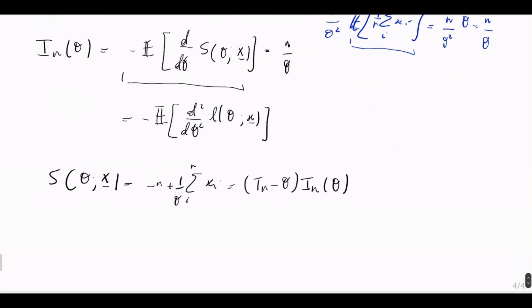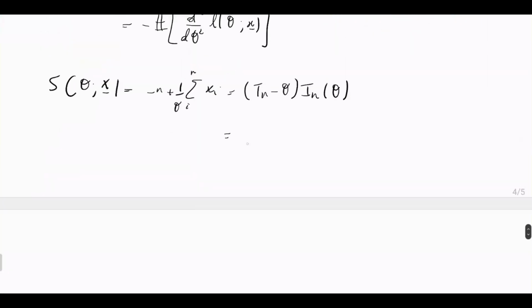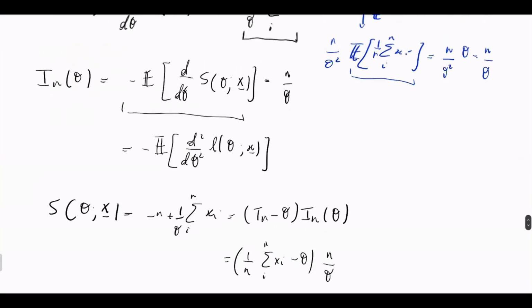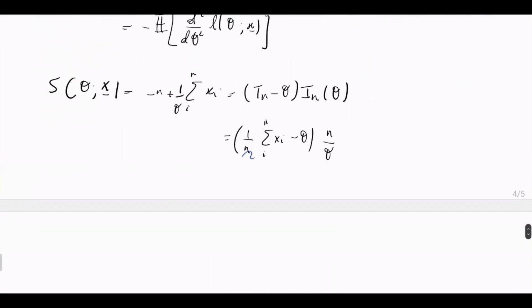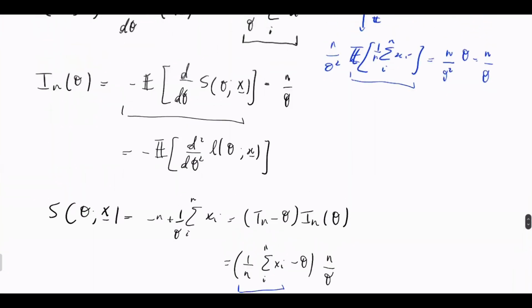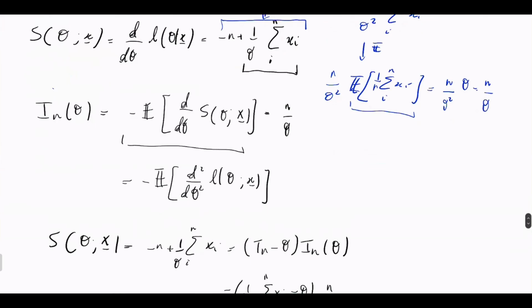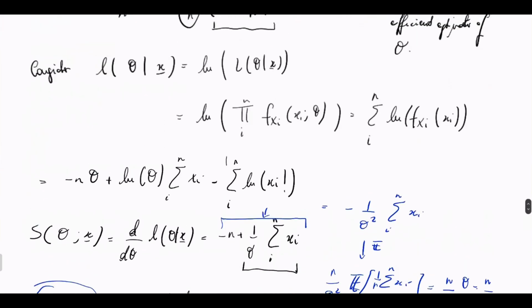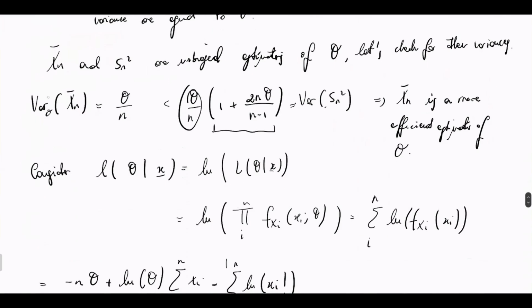Now, Tn is our sample mean minus theta times the information. Because you can prove this is actually, if you remember, the Fisher information, and over theta, what was the variance of the sample mean?